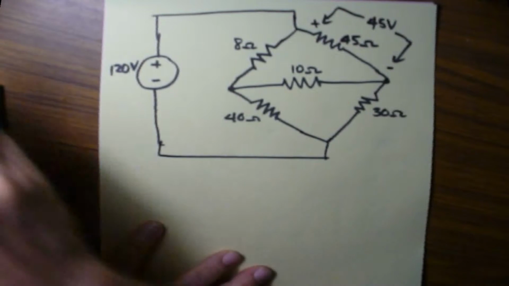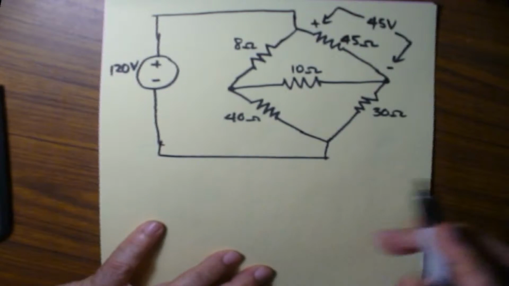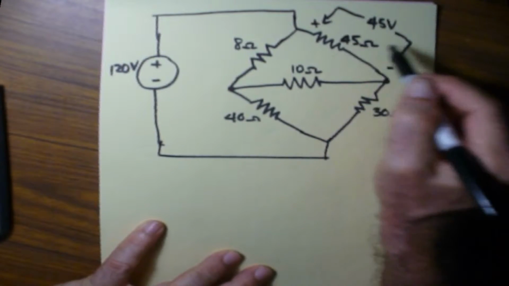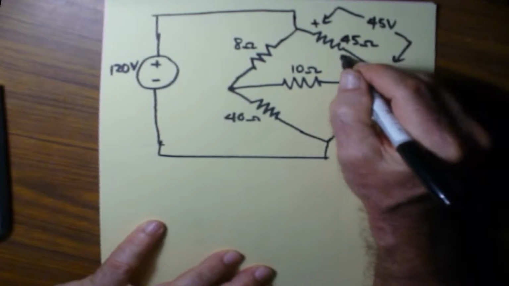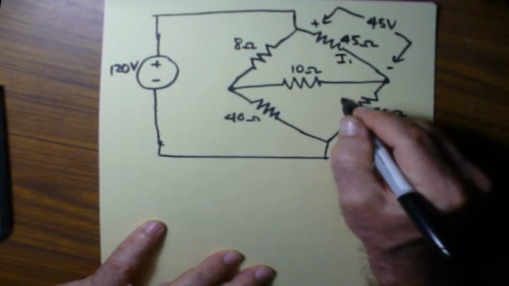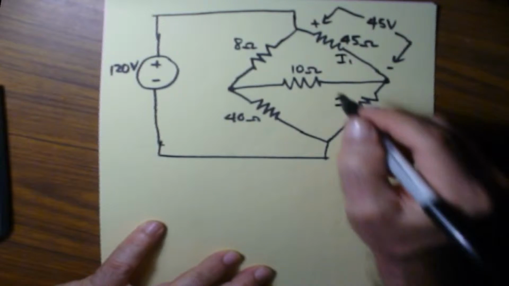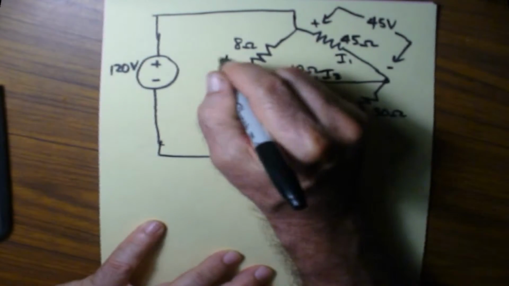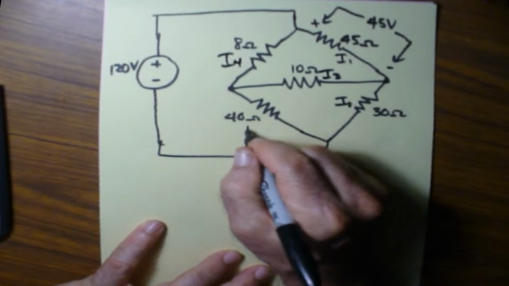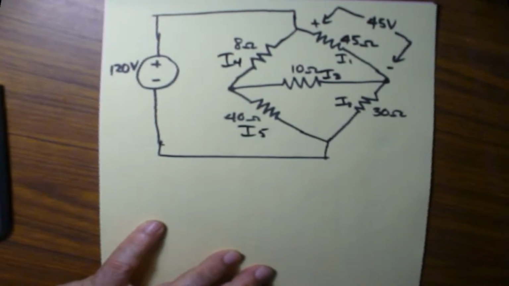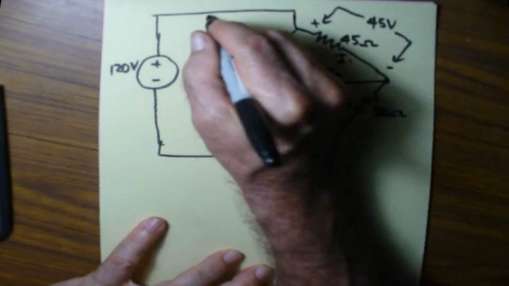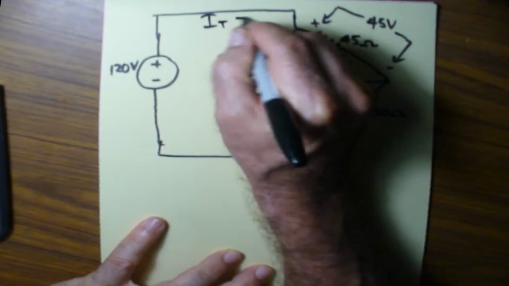Now the question is, find the value of all the currents going through all the resistors, and I'm going to label these I1, I2, I3, I4, and I5. And of course the total current is going to be IT.